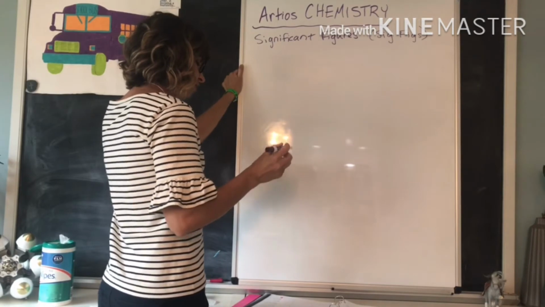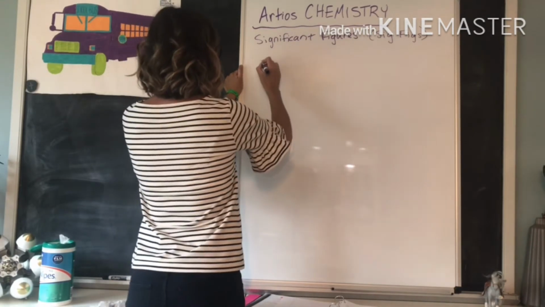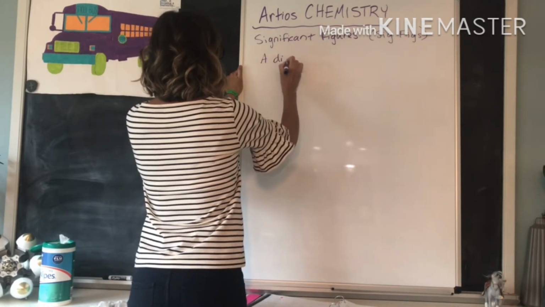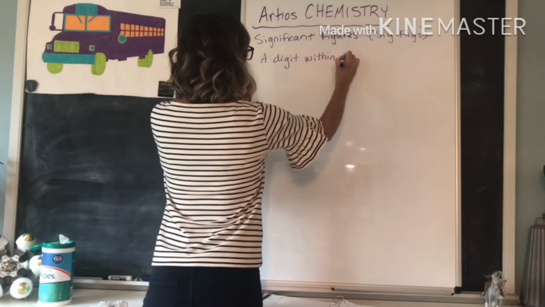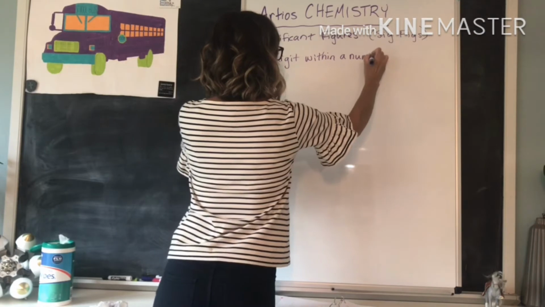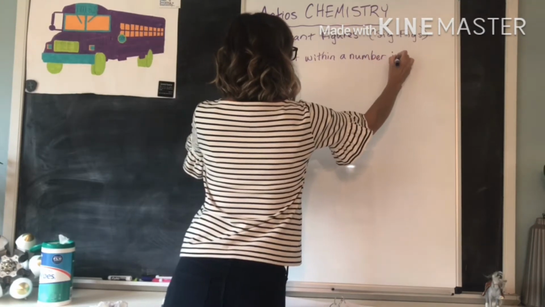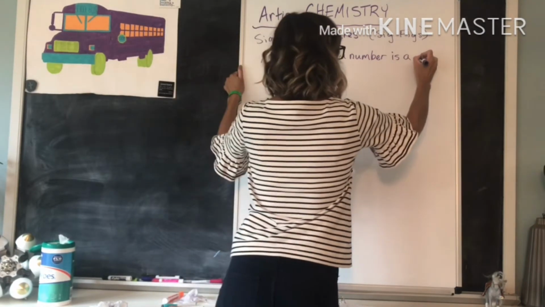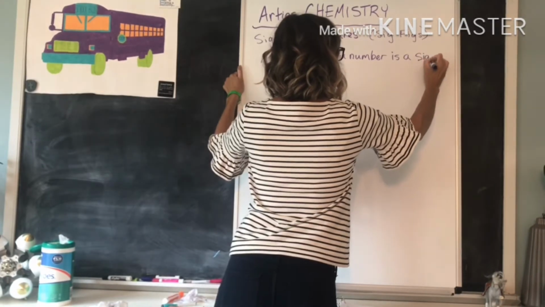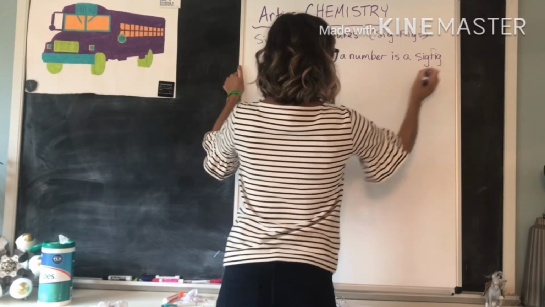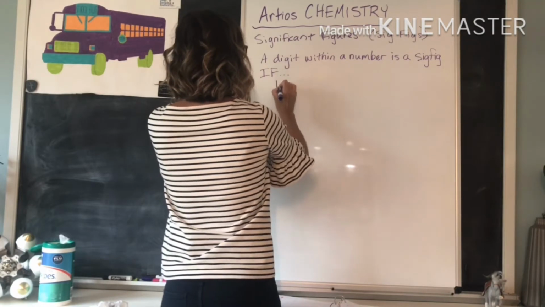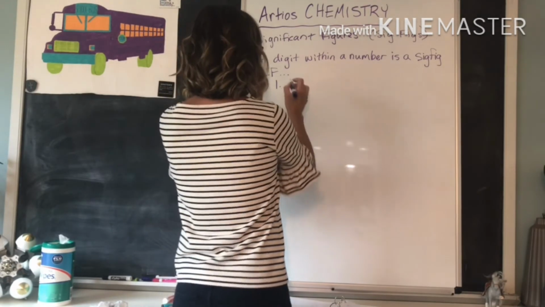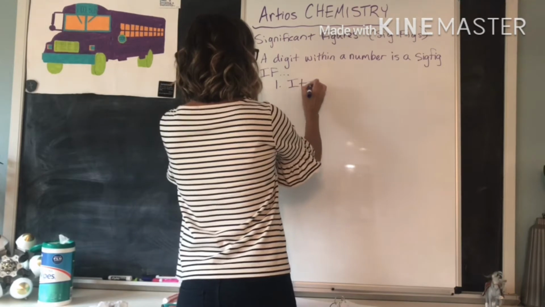Okay, a digit within a number, here are the rules. A digit within a number is a Sig Fig if, number one, it is non-zero.